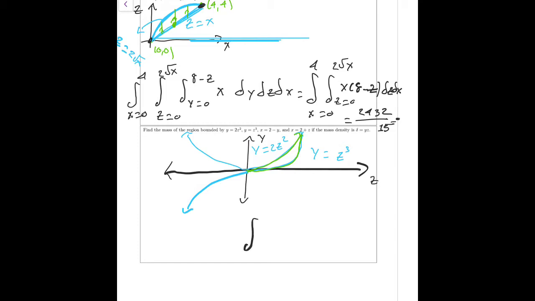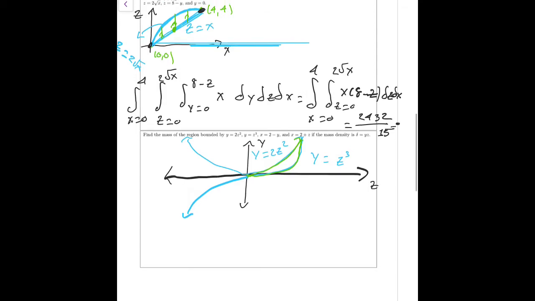In other words, how I've given it. The function that we're integrating is yz.